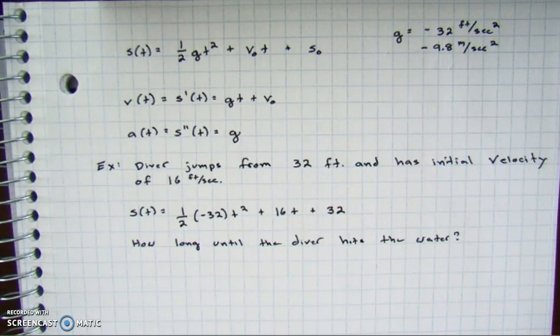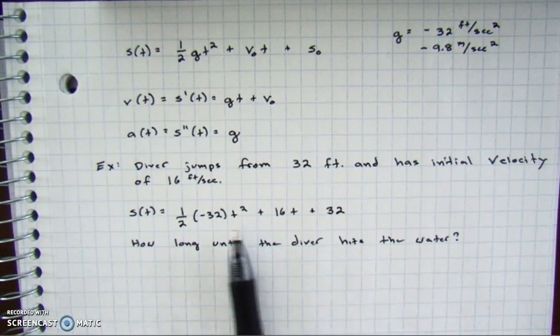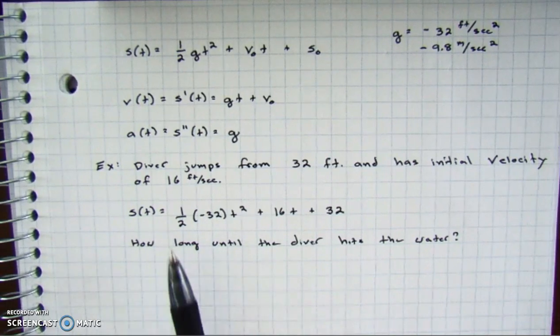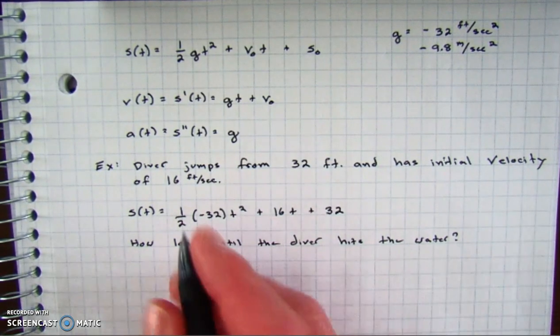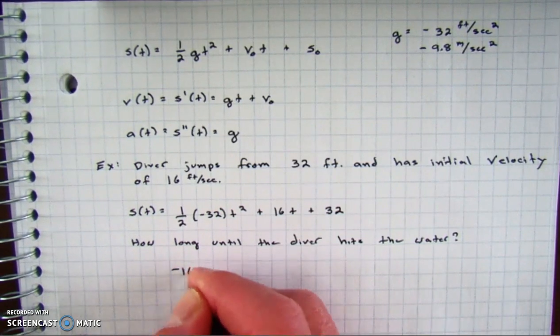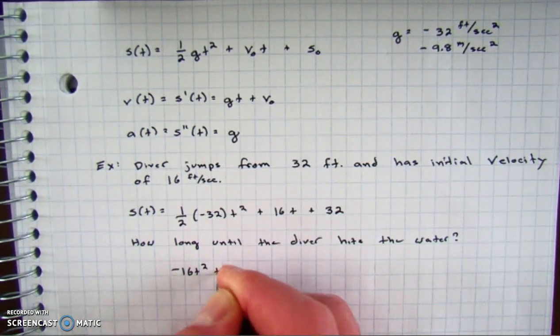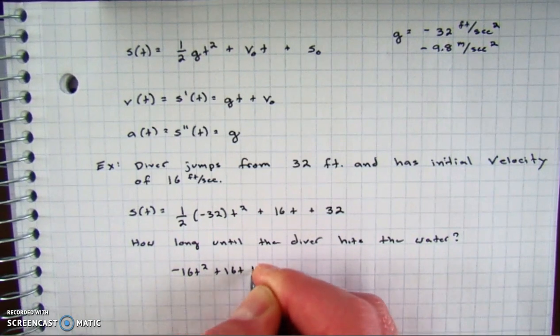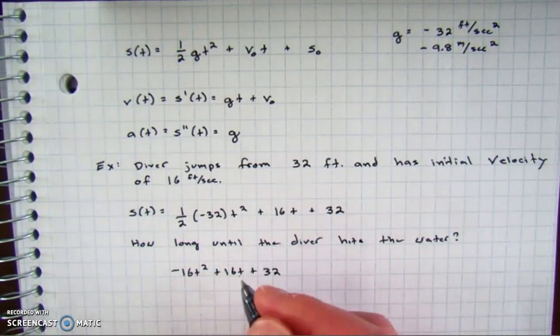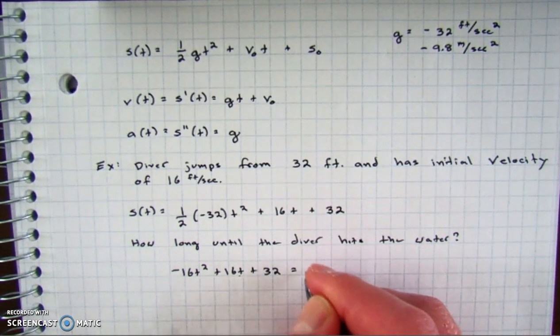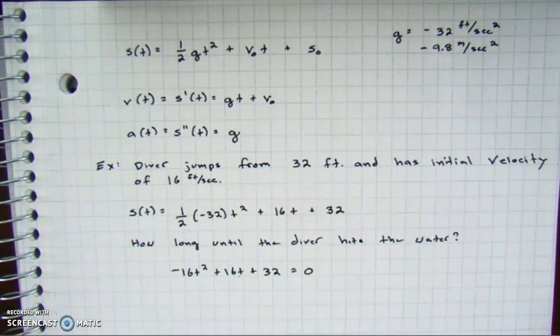We just have to set this equal to 0, because when this equals 0, that means his position above the ground is 0, like he's in the water in this case. So let's simplify this to negative 16t squared plus 16t plus 32 equals 0. Let's go ahead and solve this.